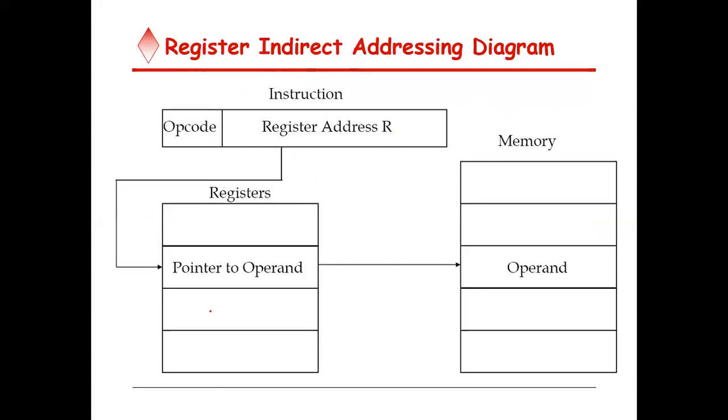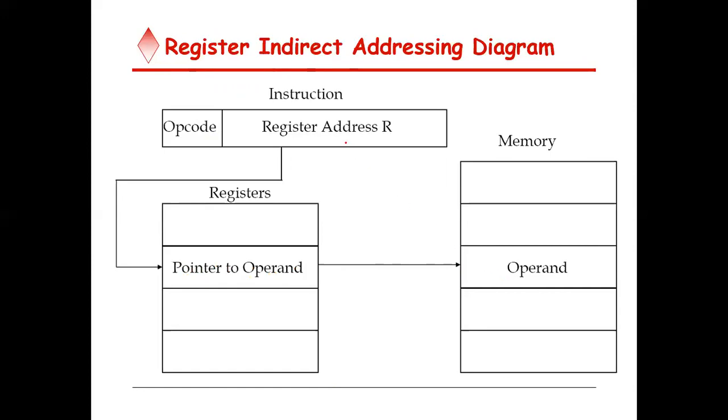That was shown through a diagram. You have the opcode and operand part. In the operand part you have mentioned register R. Go to that register, and there you find a pointer to an operand, that is, an address of the operand. Go to that address, and there you find the operand you required.